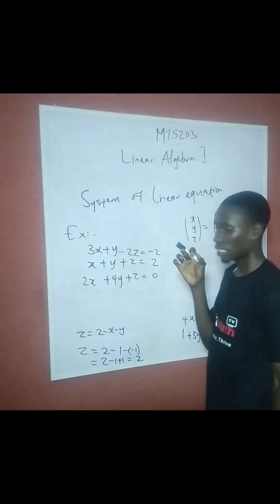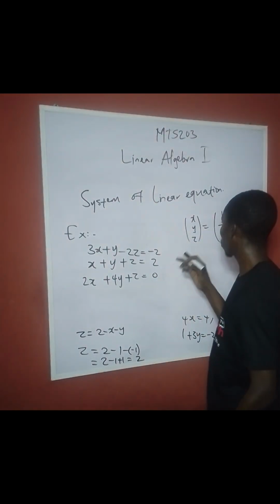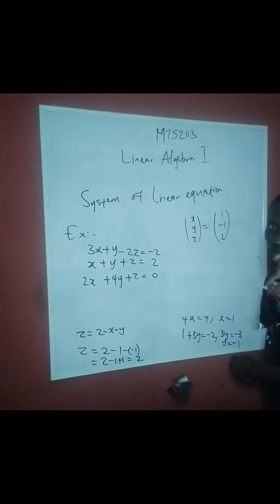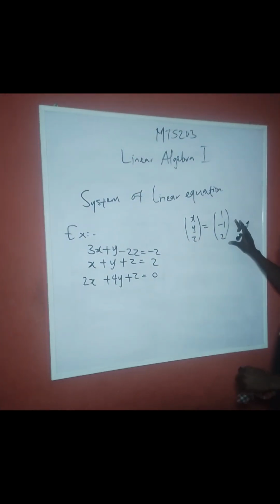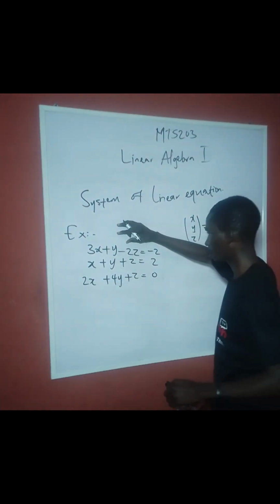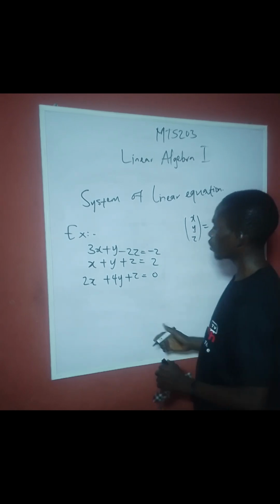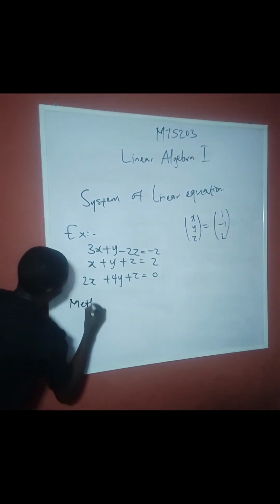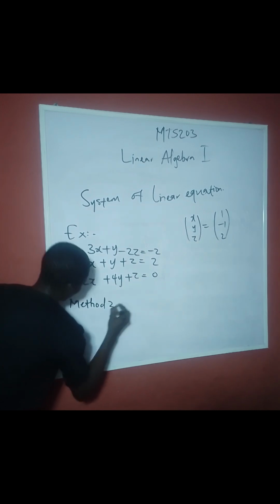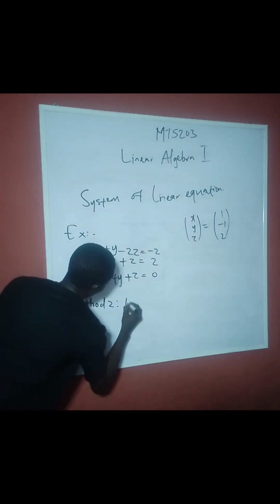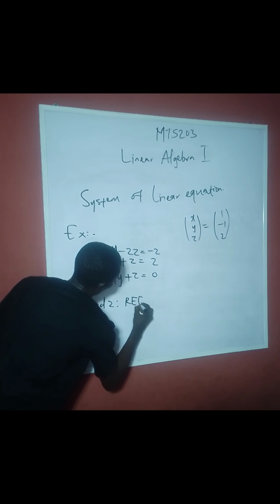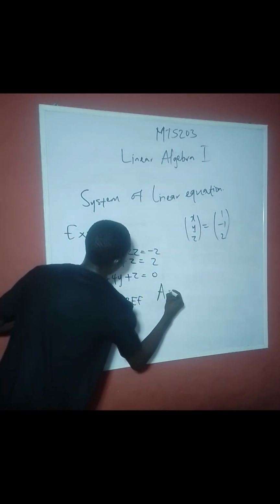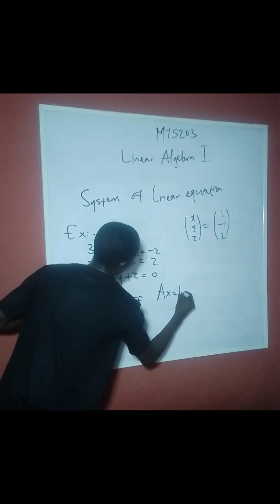The second method we can also try is the reduced echelon form, or the row reduced echelon form, to find our values of the unknowns for this system. So let's try our method 2, the reduced echelon form. So don't forget what I wrote initially, which is Ax equals b.